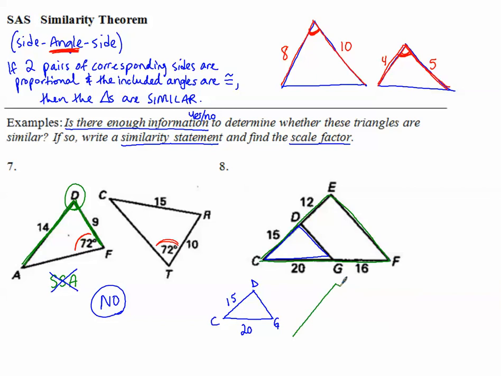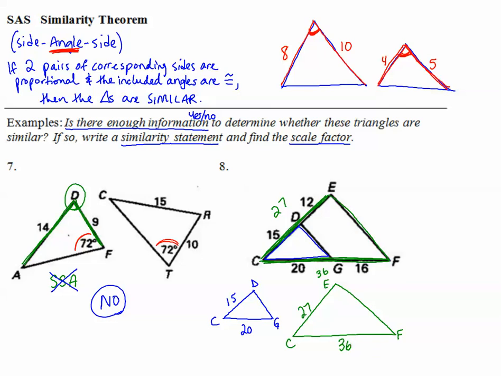Draw that one as well. This is C, E, and F. And this length all together is 27 if I add those. And this length all together, 20 and 16 put together, is 36. So 36 here if I add those.